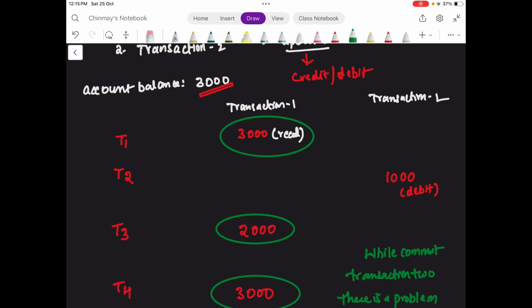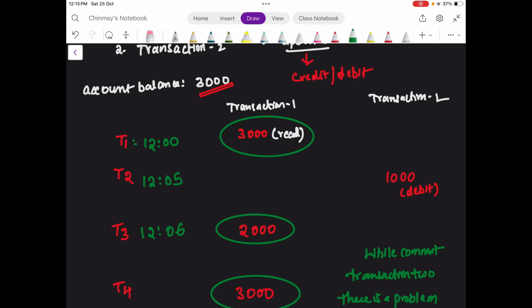When the husband checks at the time of T1, that means at 12 o'clock, it shows the balance as 3000. Now at 12:05, the wife debits the balance to purchase something. Okay, 1000 rupees is debited, but again at 12:06, when the husband checks the balance, it shows 2000.